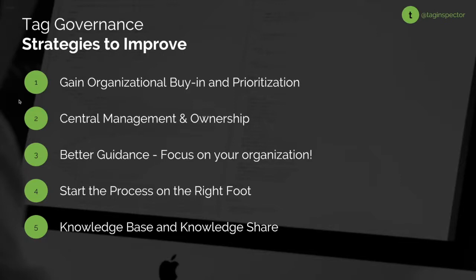Number three, better guidance. Really focus on your organization. Similar to what I was mentioning before, any external vendor that an organization might be working with, oftentimes the priority for them is obviously whatever their initiative is. Every team within your organization, the priority is going to be their initiative, their platform, their KPIs. And that's why that central ownership of governance is so important.